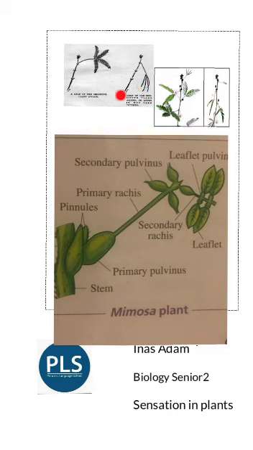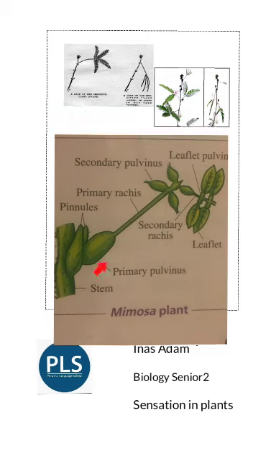But in daylight, the leaflets get away from each other, which indicates an awake movement. And please be aware, dear students, that the touch movements affect only some leaflets that were touched, while the sleeping and awake movements affect all the leaflets and the petioles of the plant.